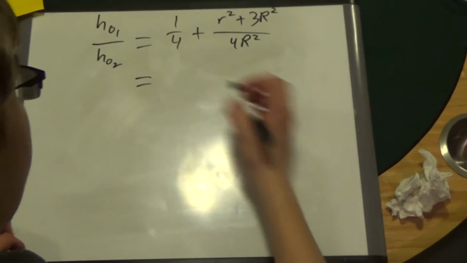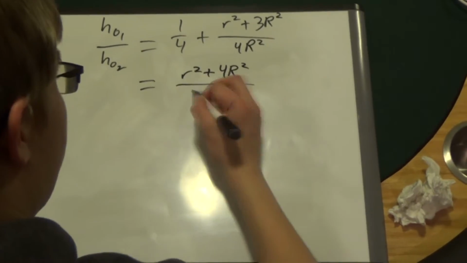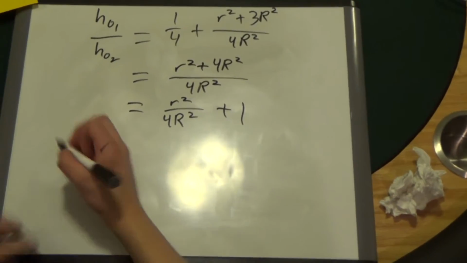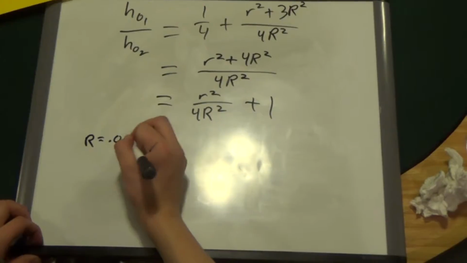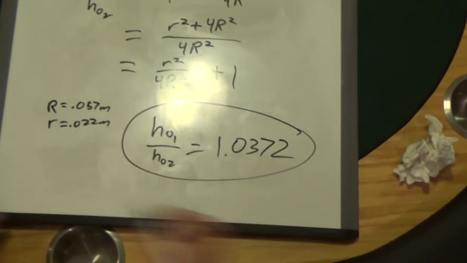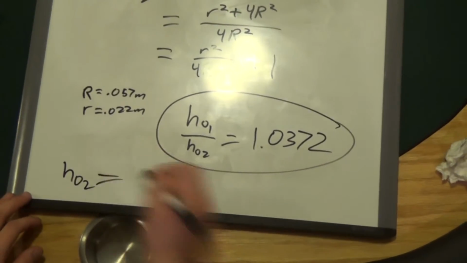Then you solve for the height, and then for the ratio of heights, and plug in your values for inner and outer radius. That's the really oversimplified version.